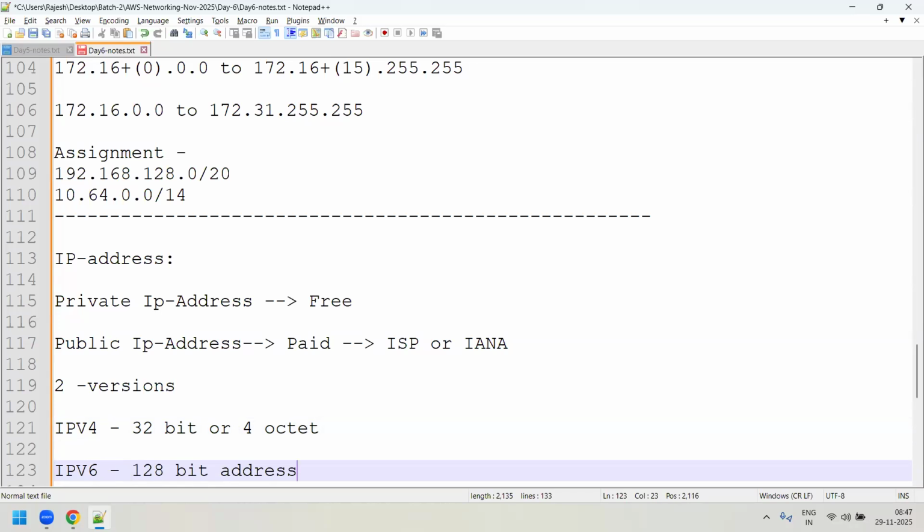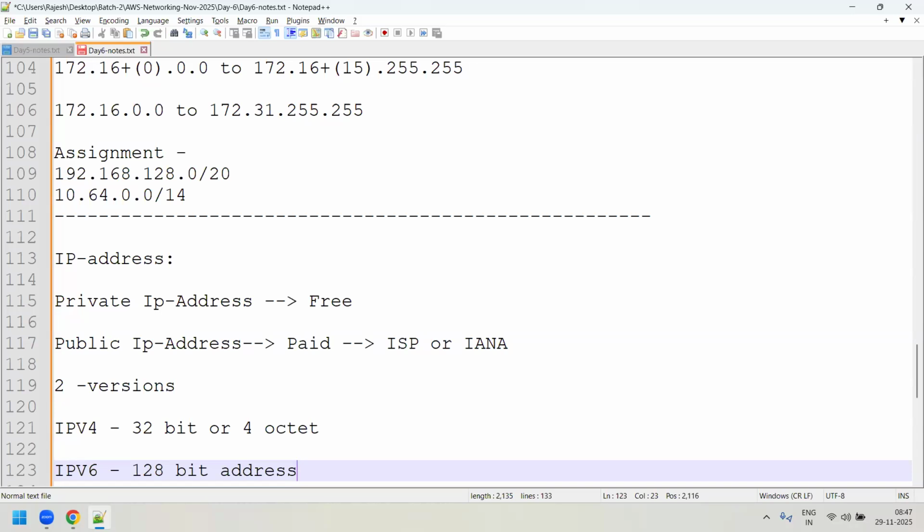We will discuss IPv6 later, when I get into AWS networking. Right now, whatever we are doing, we are only playing with IPv4 addresses, so let us stick to IPv4 mode.